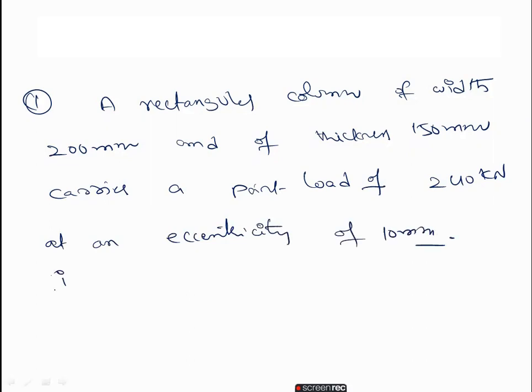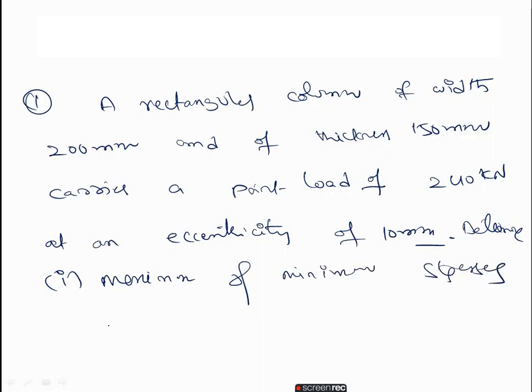Now we have to determine the maximum and minimum stresses on the section.